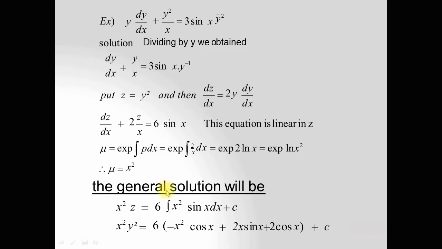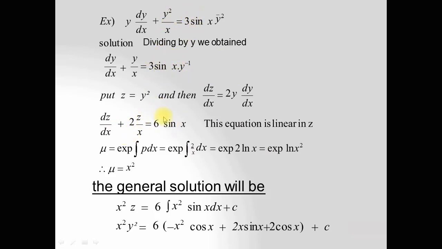Now 6 is a constant term, so taking the integration of x square and sine x with respect to x by using integration by parts, we get 6 into minus x square cos x plus 2x sine x plus 2 cos x plus c.